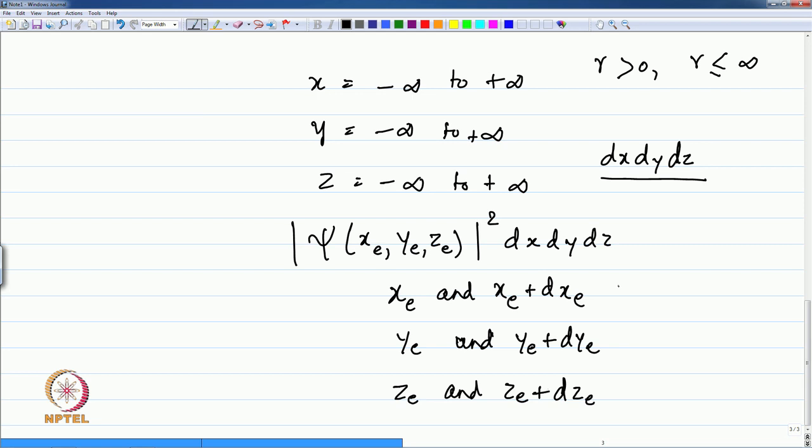This is the three-dimensional Cartesian coordinate representation for the hydrogen electron problem, the nucleus-electron problem.